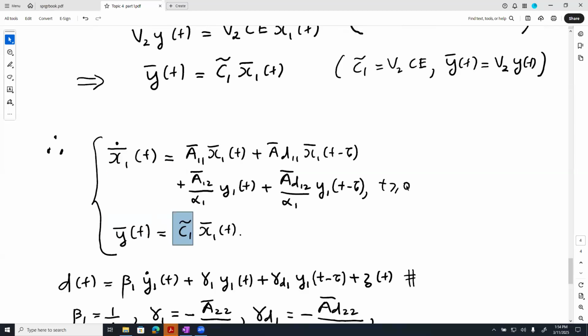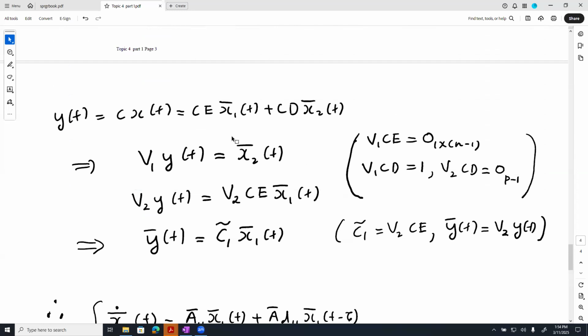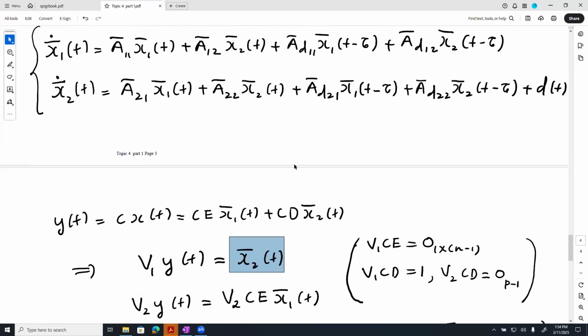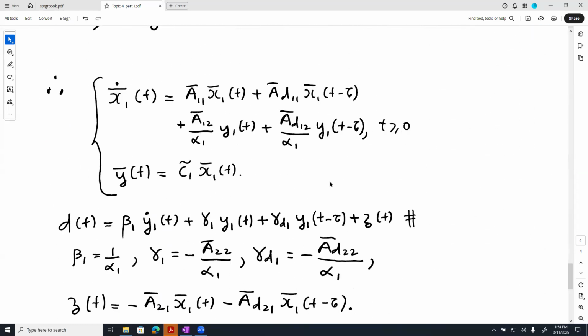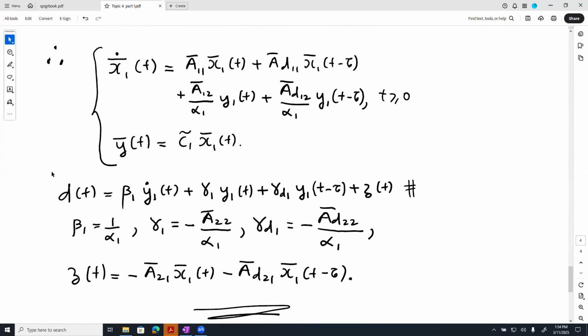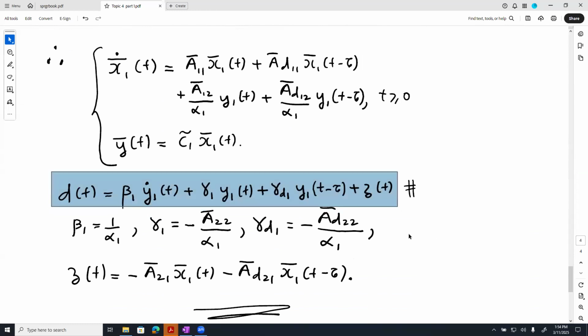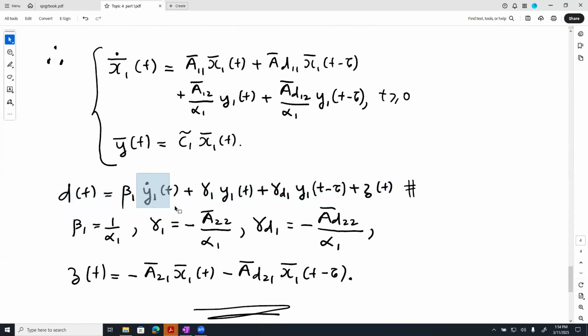Then once we substitute this expression back into this equation here, and after some rearranging, we have this equation where the unknown input is explicitly expressed in terms of the first derivative of the output measurement y1 of t. Beta 1 is 1 over alpha 1.